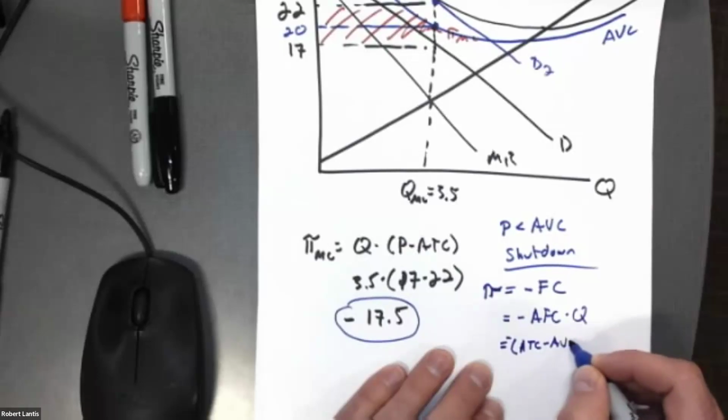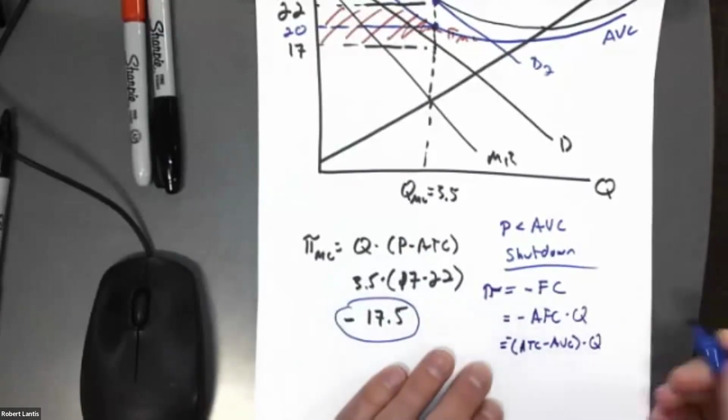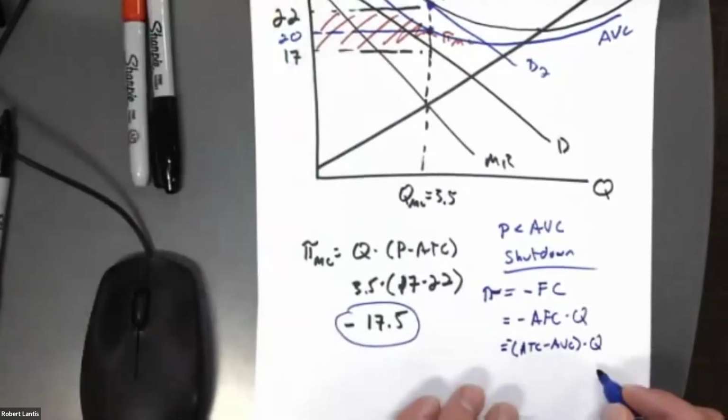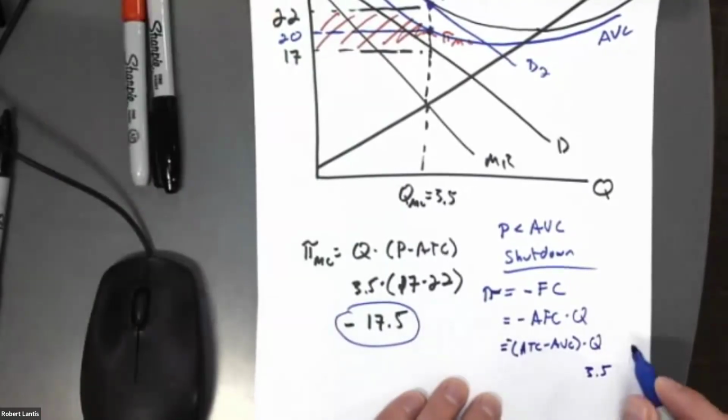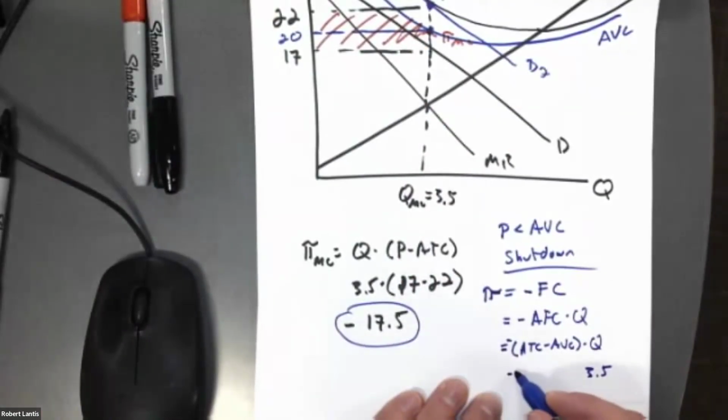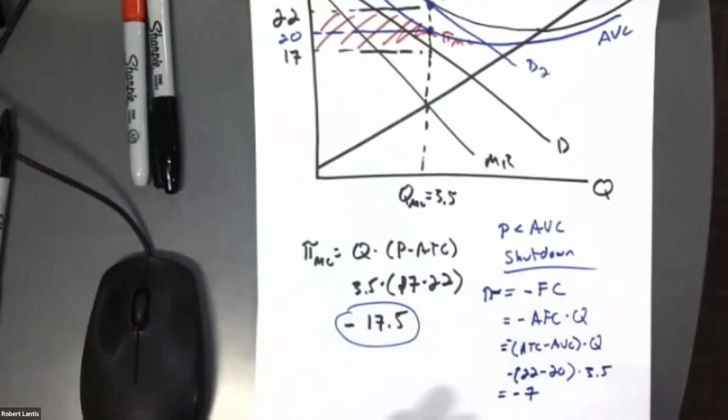That's just the difference between average total and average variable. So here, at this quantity of 3.5, our average total cost was 22. Our average variable cost was 20. So here, what would my profits be? Negative 7. Losing 7 million, whatever we're doing, is better than losing 17.5.